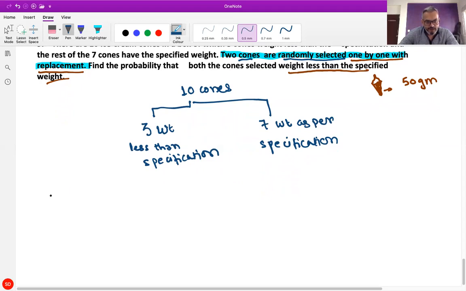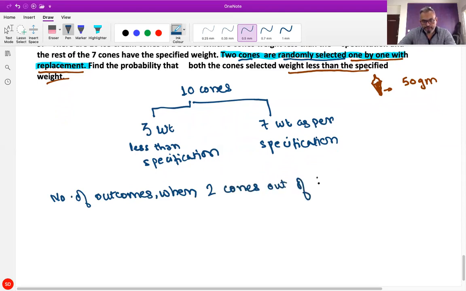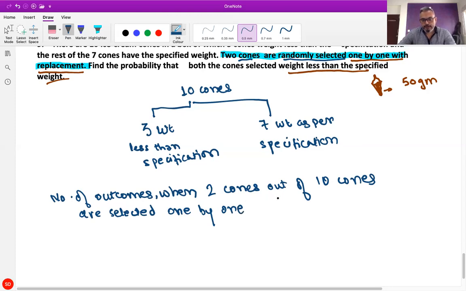So first let's write number of outcomes when 2 cones out of 10 cones are selected one by one. Here it is with replacement.